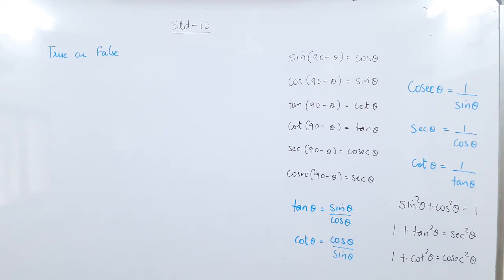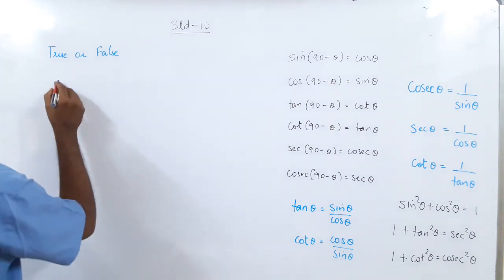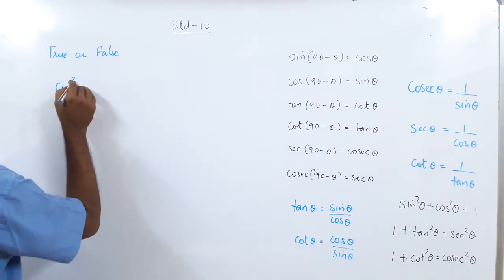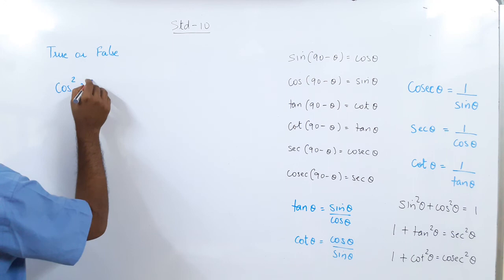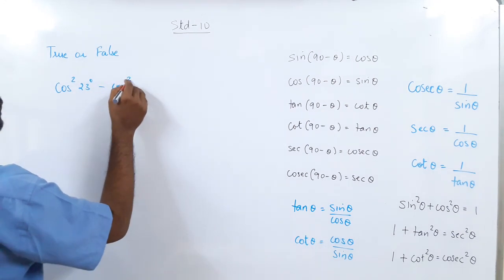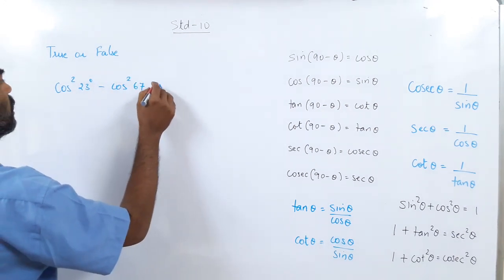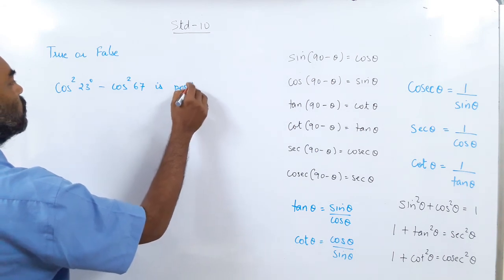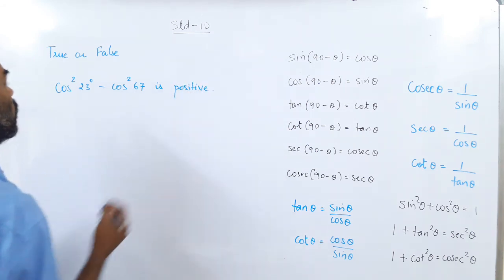So we have got to check if cos square 23 degree minus cos square 67 degree is positive. Okay.